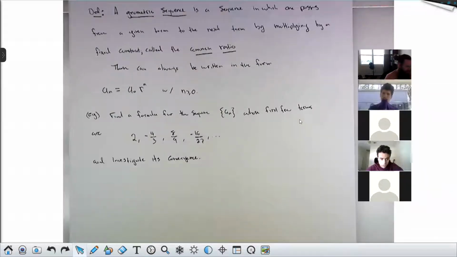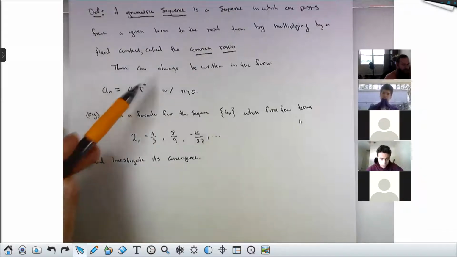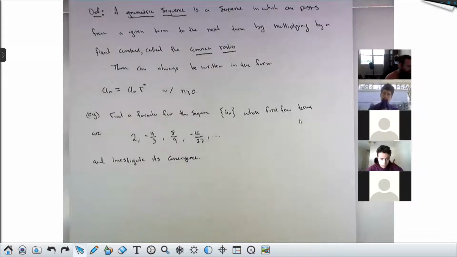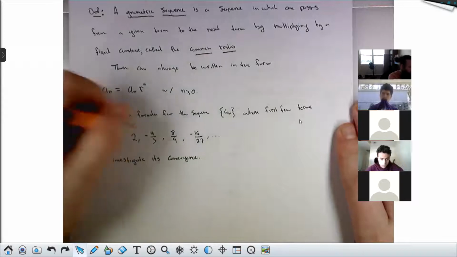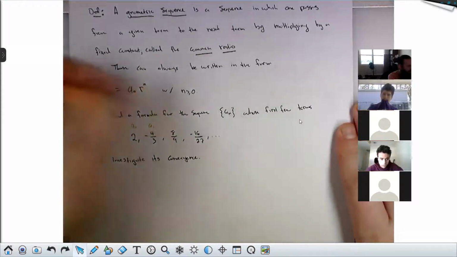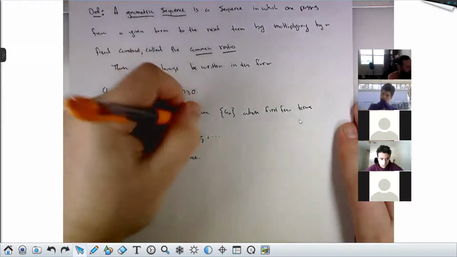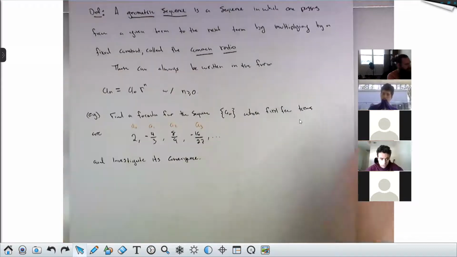So I like to let geometric sequences start at n equals 0. It makes the formulas nicer. I think your textbook has them start at 1, which just makes this n swap to an n-1. But the formula is pretty much like this. So I would call this A0. I would call this A1. I would call this A2. I would call this A3, and so on.